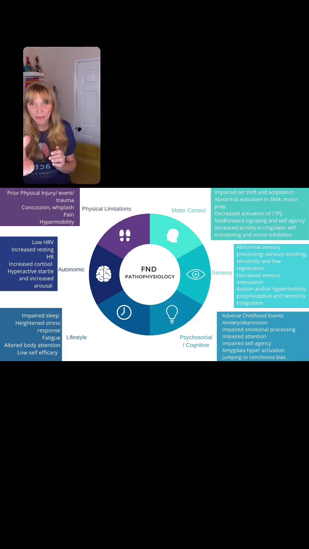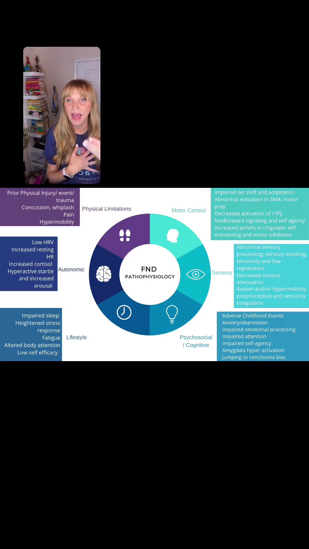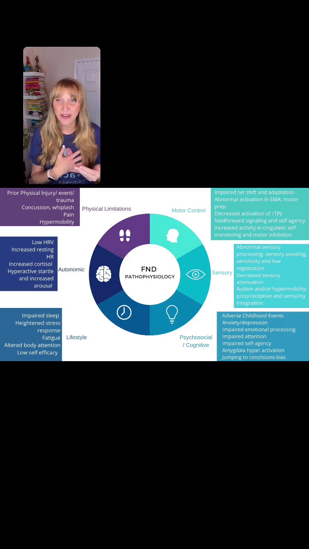One of the bottom part of that box is self-efficacy. This is a really important component when it comes to really understanding how a person might be able to regain control of their movements, and that is through building self-efficacy.